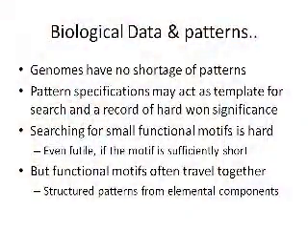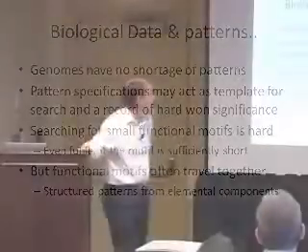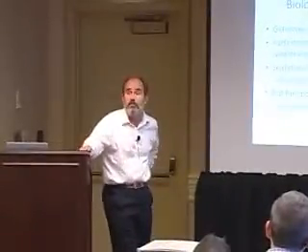As we've seen in various talks in this and other conferences, genomes have no shortage of patterns, but it's finding the ones that actually mean something that is the more significant issue. You can look at pattern specifications or pattern descriptions in two ways. You can look at them as a template for directed search, or as documentation for those patterns that you've found which have actually got some hard-won significance.